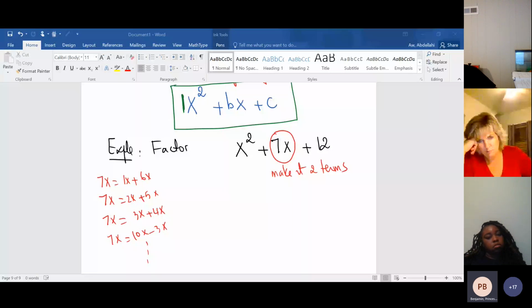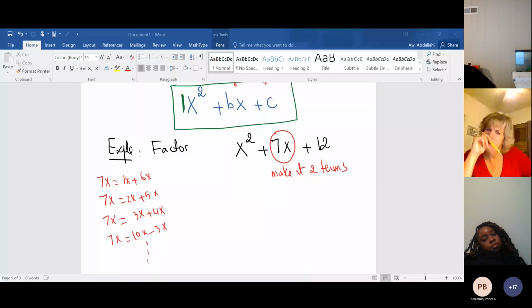What are the two numbers we're going to choose? Here you have to listen to me. The two numbers that we choose to break down 7x should multiply to 12, and they should add up to 7.